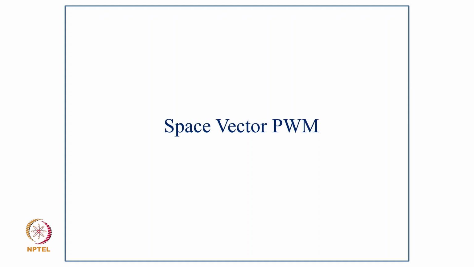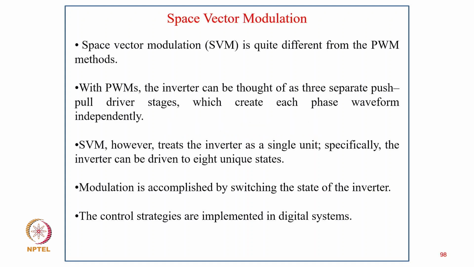So now coming to space vector PWM. Space vector modulation is quite different from the PWM methods. With PWM the inverter can be thought of as three separate push-pull driver stages which create each phase waveform independently, and SVM however treats the inverter as a single unit.